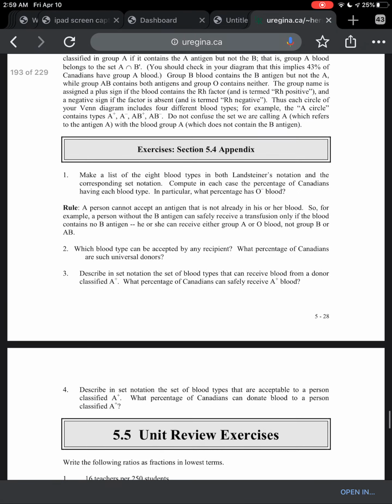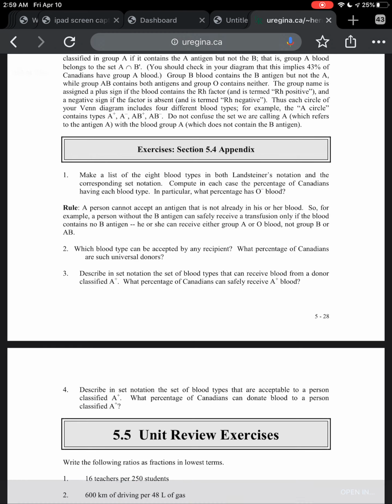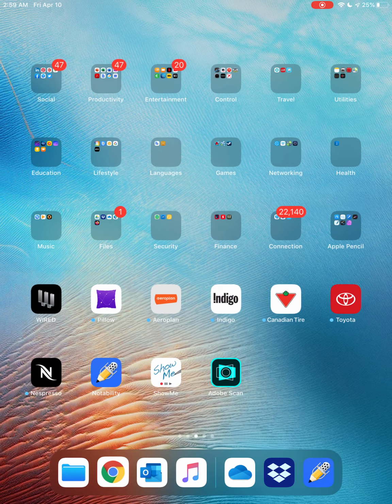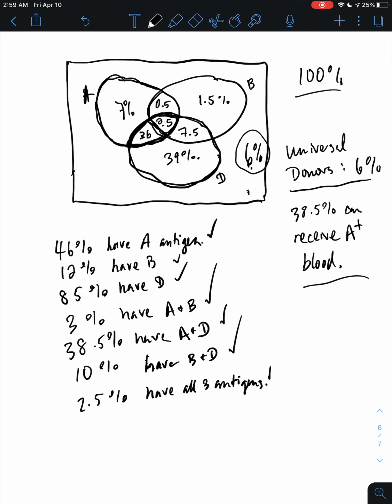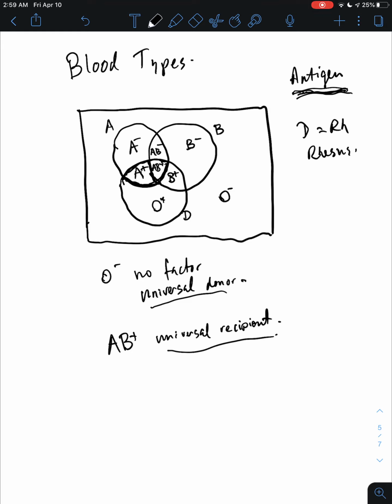And here is the reverse question. Describe in set notation the set of blood types that are acceptable to a person classified as A positive. What percentage of Canadians can donate blood to a person classified as A positive? Well, if a person is classified as A positive, who can they donate to?